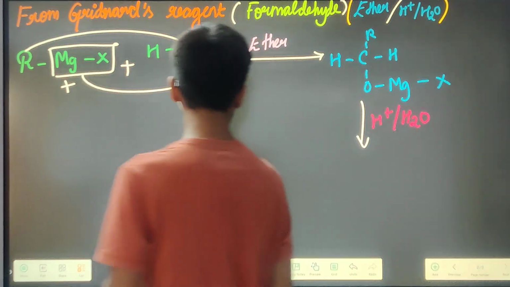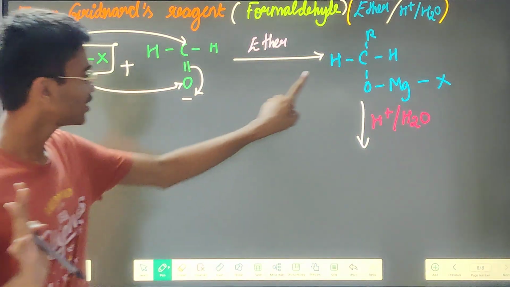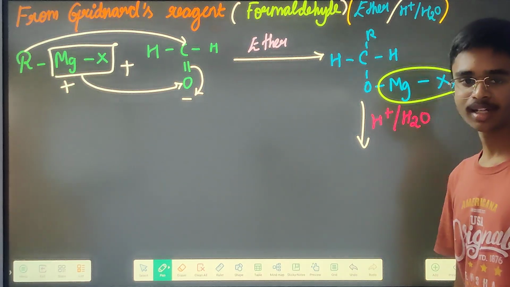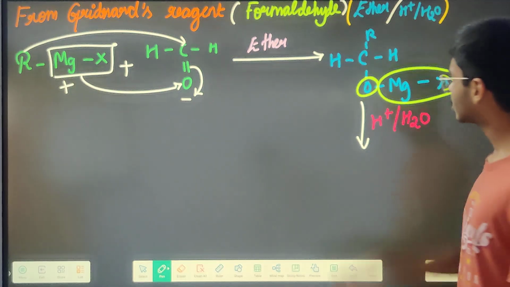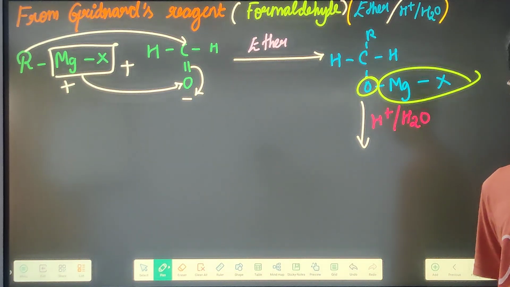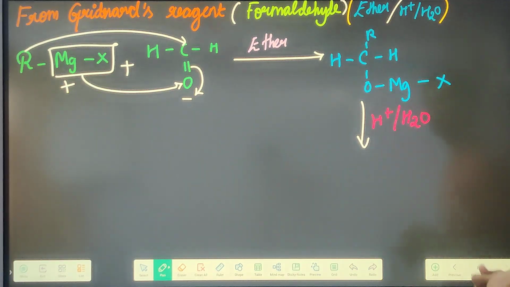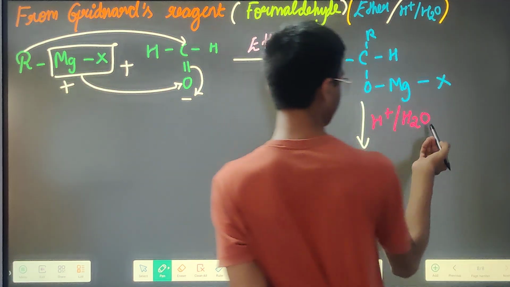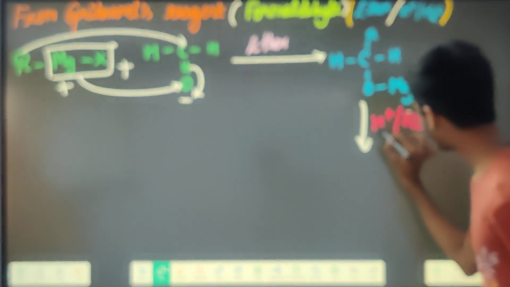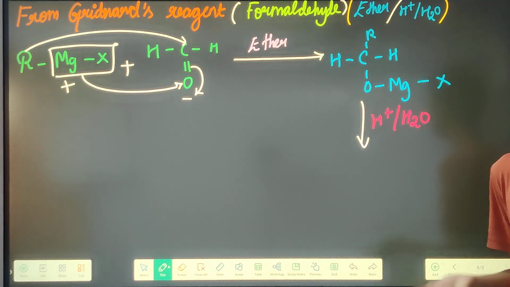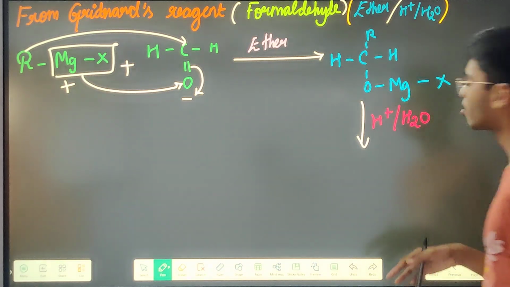Now only one thing we have to do: if you are able to take this compound out and give hydrogen to this oxygen, it will become your alcohol, right? So that is what we are going to do. Automatically from this you have OH minus. See what will happen when you have H plus and H2O: it can become its constituent ions, that is H plus and OH minus.